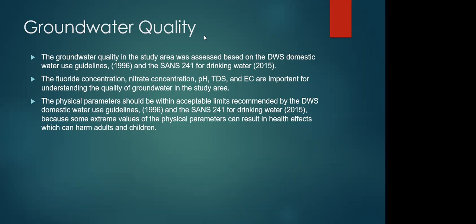These parameters must be within acceptable limits, because if they exceed the limits prescribed by the Department of Water and Sanitation and the South African National Standards, the water can cause health-related problems, damage to plumbing, and also corrosion of appliances.